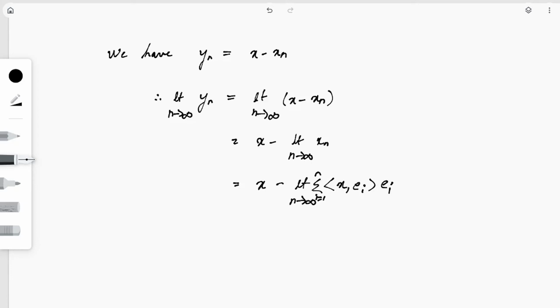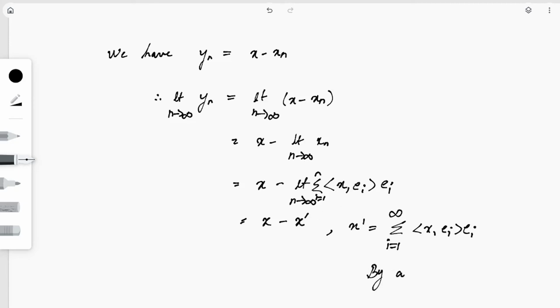So this will be actually nothing but x minus x dash, where x dash is nothing but the summation i equal to 1 to infinity, as n tends to infinity, this becomes 1 to infinity inner product x ei. Now how can we say that the limiting value exists?